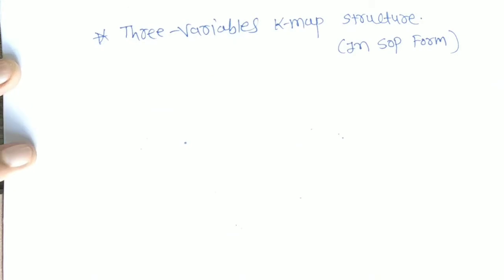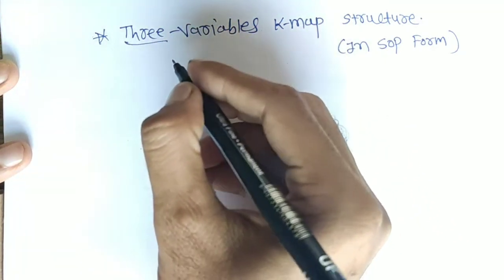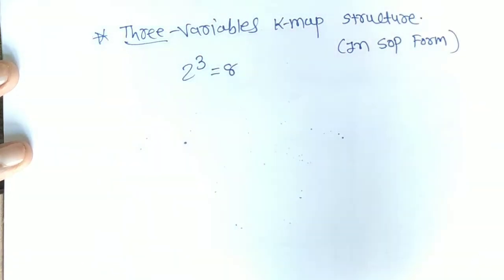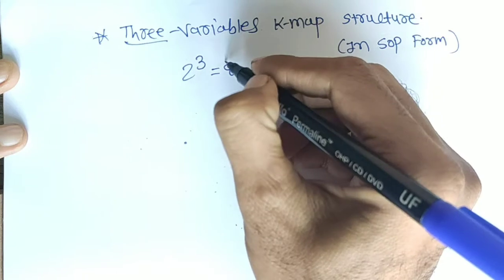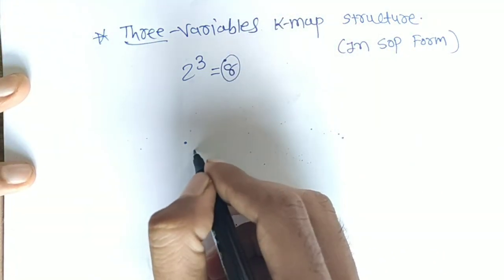Right? So the number of variables given is 3. We have to consider the total possibilities of these variables, which is 2 raised to 3, so 8. So we can represent the 3 variable K-map structure. Our number of cells is 8. So now we can design the 3 variable K-map structure.